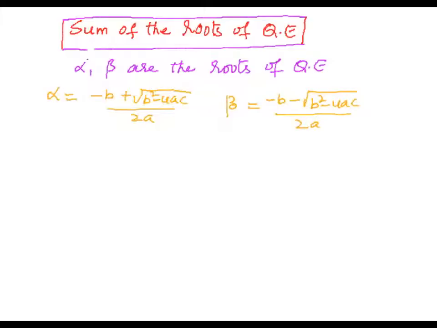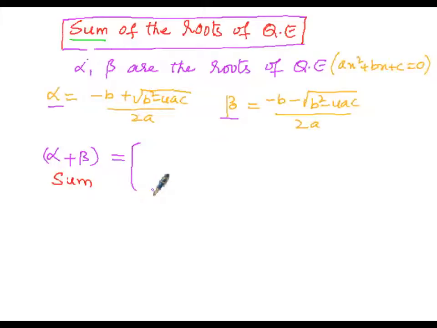So the quadratic equation is ax square plus bx plus c equals to 0. Now I have to find the first one, the sum of the roots, that is the addition of these two roots, alpha and beta. The sum of the roots, alpha plus beta, is given by: alpha is the first one, which I am going to write within the bracket.